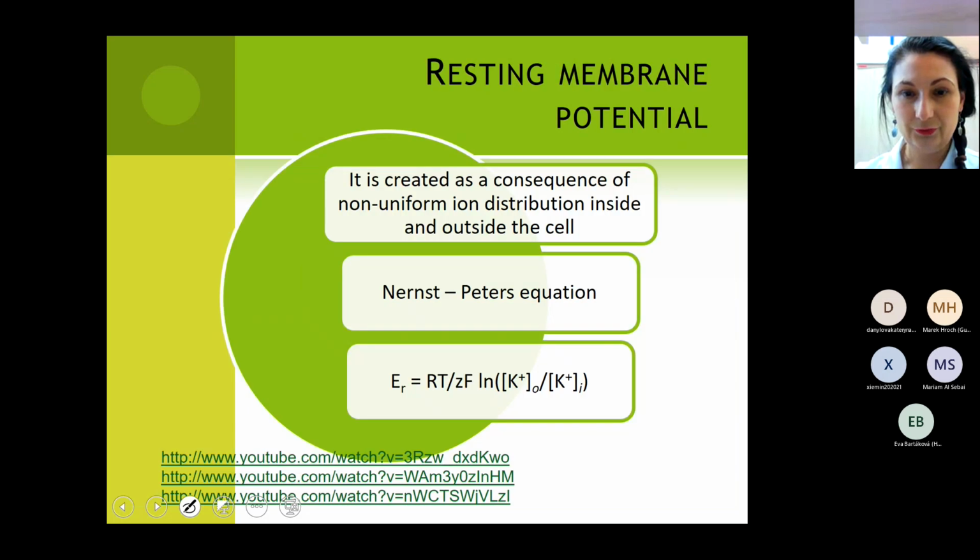So first of all, how to know the resting membrane potential value. There are two approaches. The first one is an experimental approach. We can measure the potential.